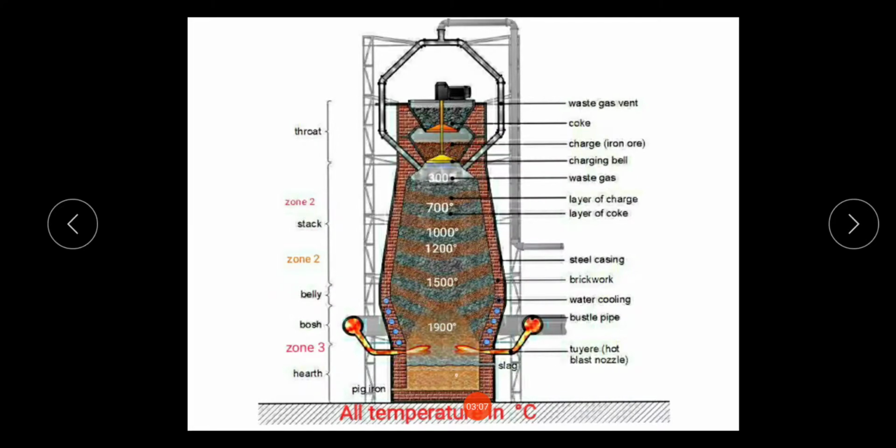The gray color represents coke and the brown region represents agglomerated ore.